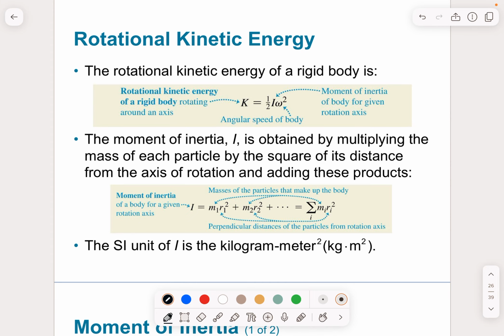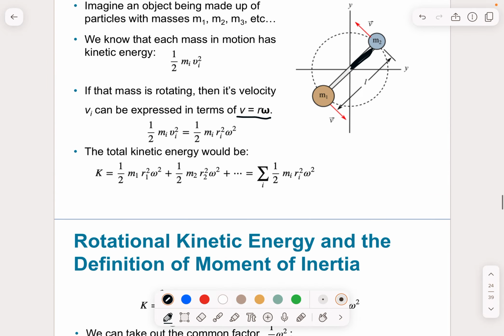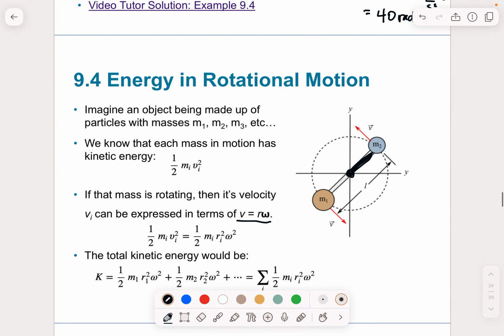So you can think of it as a mass, but in linear motion, only the mass matters in relation to the kinetic energy. In rotational motion, the mass distribution is what matters, right? It's the mass coupled with its relative location with respect to the origin, or wherever the thing is rotating about, right? Typically we put the rotation axis at the origin.